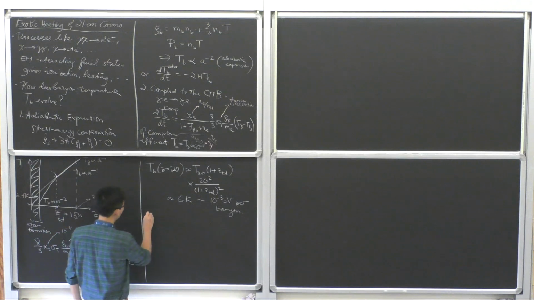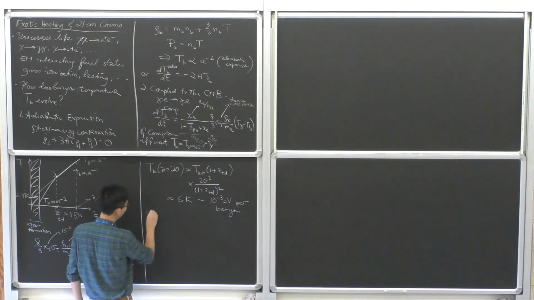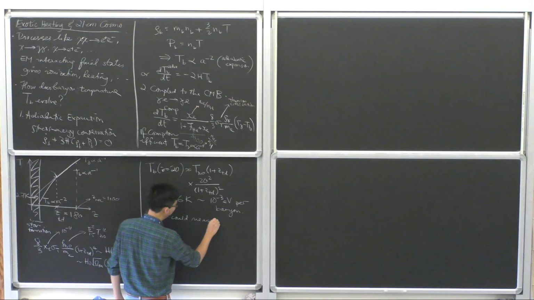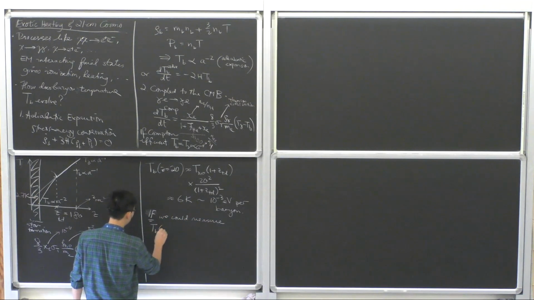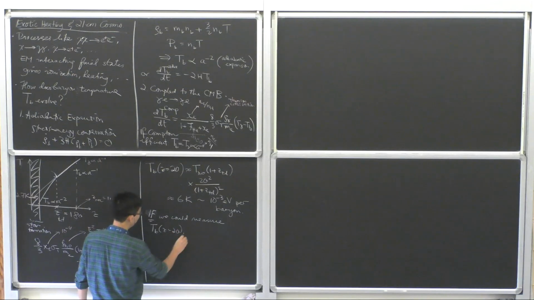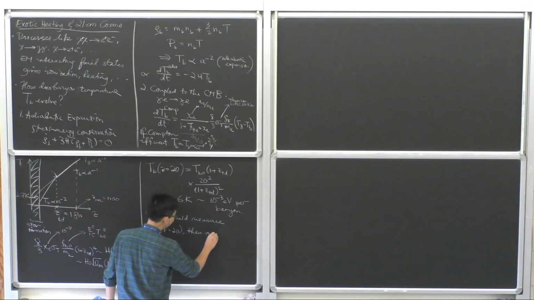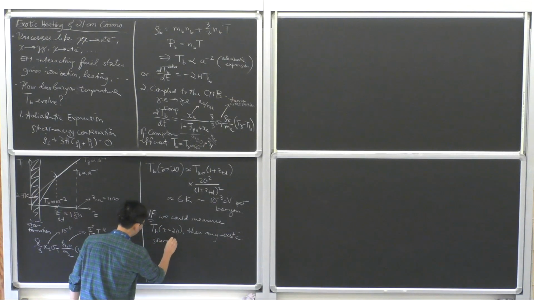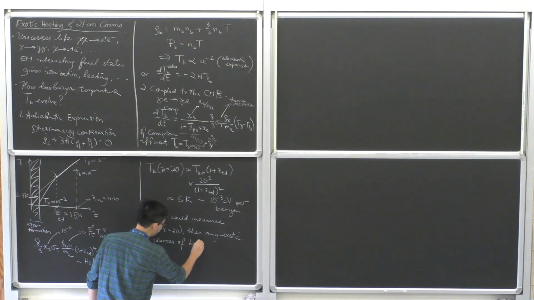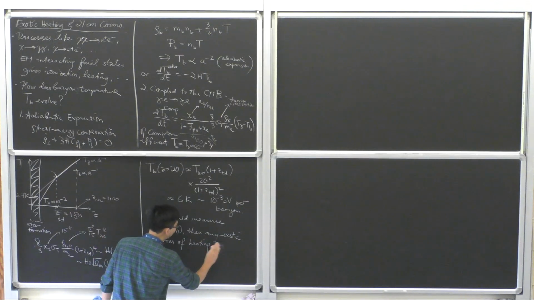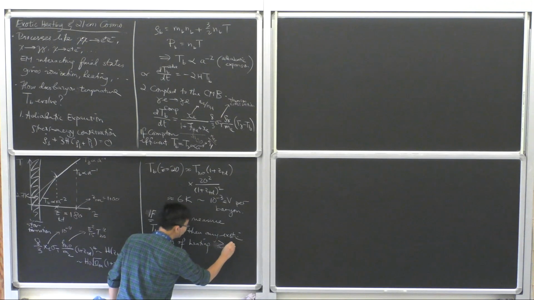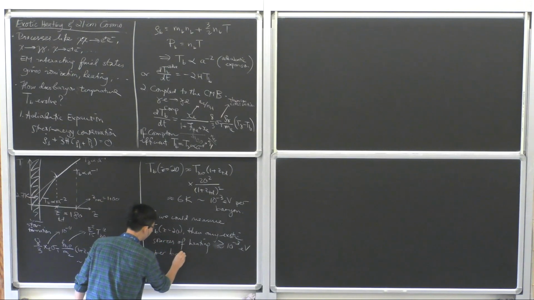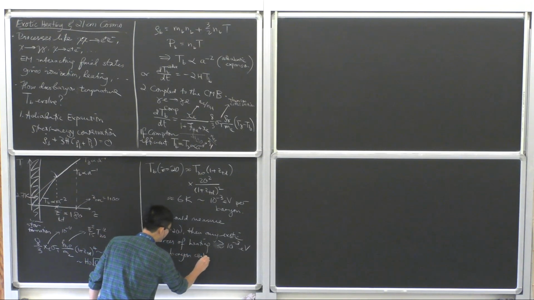So if we could measure TB at Z of 20, then any exotic sources of heating which contributes roughly more than 10 to the minus 3 eV per baryon could be detectable.